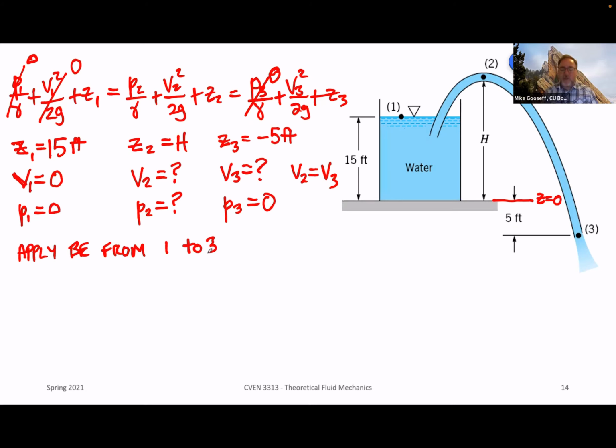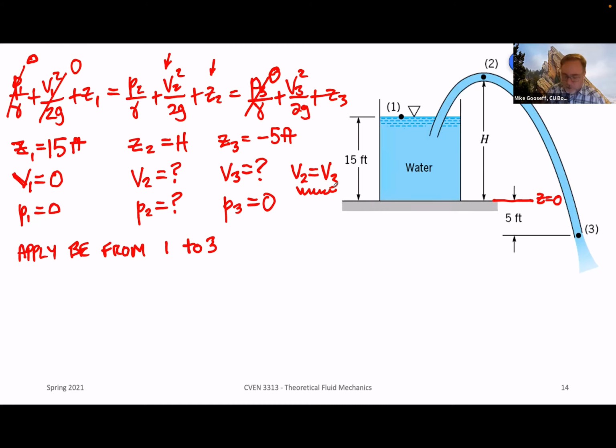If I had gone from 1 to 2 right now, I would end up with 2 unknowns. I don't know my V, and I also don't know H, which is going to go in for Z2. Those two unknowns don't help me, but if I eliminate this middleman and just work with 1 and 3, I can figure out V3, and because V3 is equal to V2, I can then inform the velocity head at the other location.